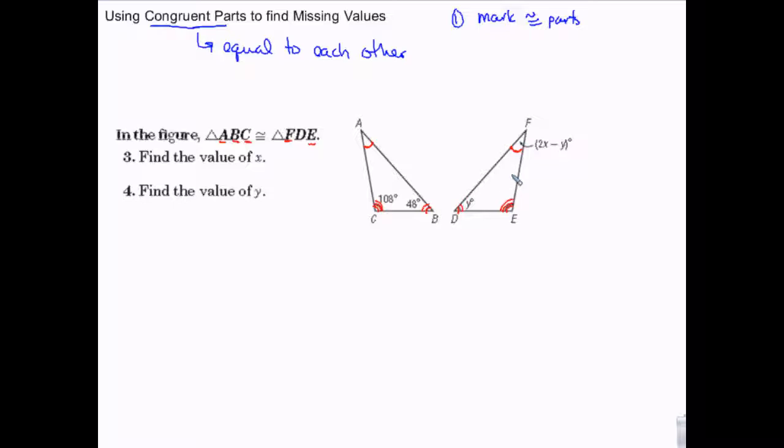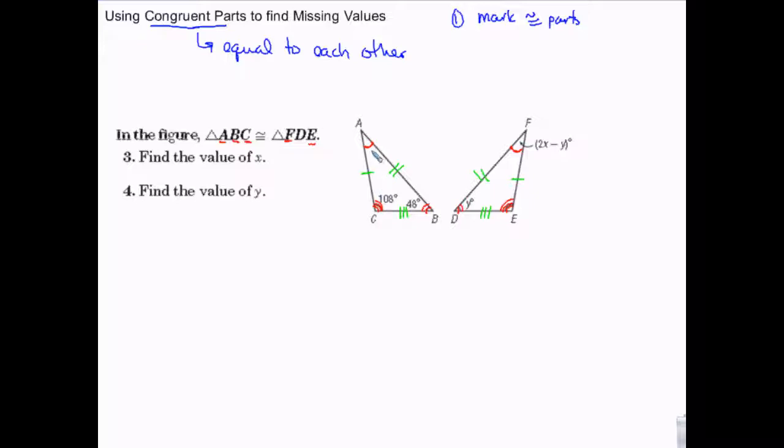Right now we're just doing angles, so we don't have to label the sides, but if you wanted to label the sides, you could. Okay. So I need to find the value of x. I know that angle F and angle A are equal.